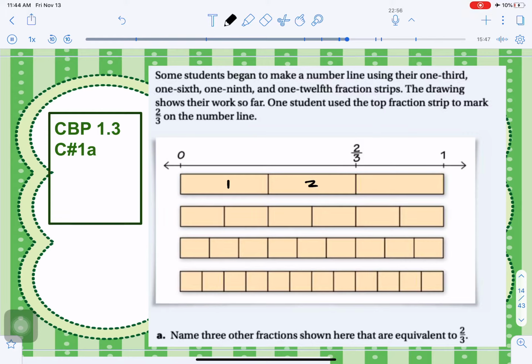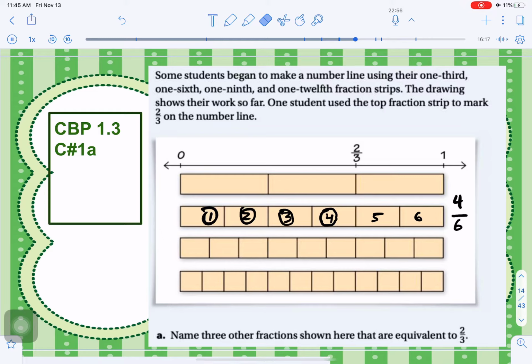So knowing this information, I'm going to count the number of pieces that I have in this next strip. I have 1, 2, 3, 4, 5, 6. This tells me that every fraction here is going to be a part of a 1/6, which means if I have 1, 2, 3, 4 parts that take me to that same mark that's labeled up on that number line, that means 4 over 6 is going to be my fraction.